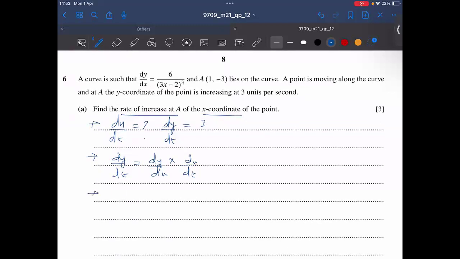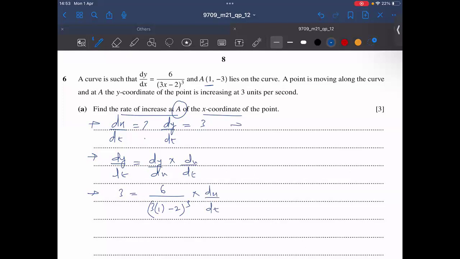Now, dy over dt is 3. dy over dx is going to be 6 divided by, at the point where the x coordinate is 1, so I'm going to substitute 1 in place of x in dy over dx. That is 3 times (1 minus 2) whole cube times dx over dt, which you are supposed to find out.